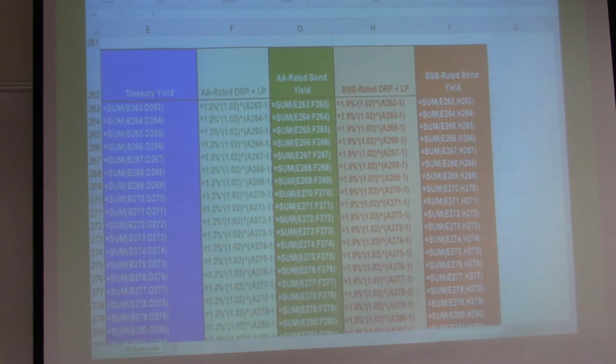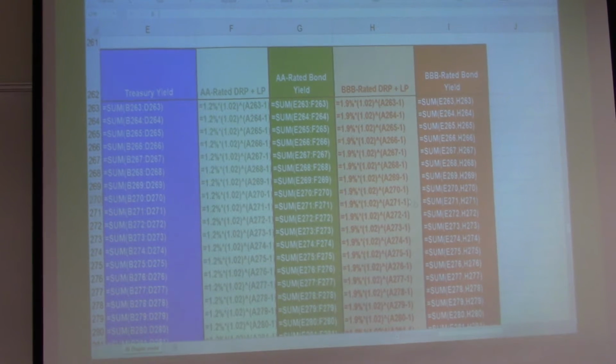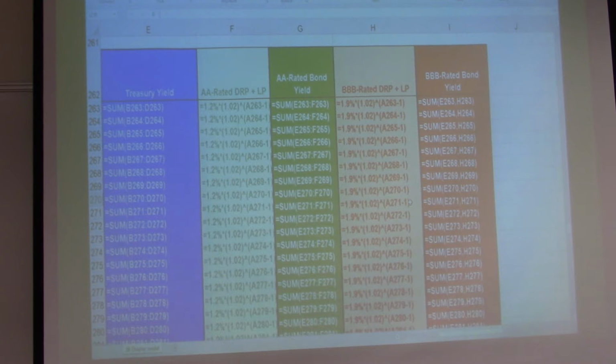You add the E column with the H column. So that's treasury plus the default and liquidity for BBB. BBB's yield should be higher than AA, and AA should be higher than the treasury.